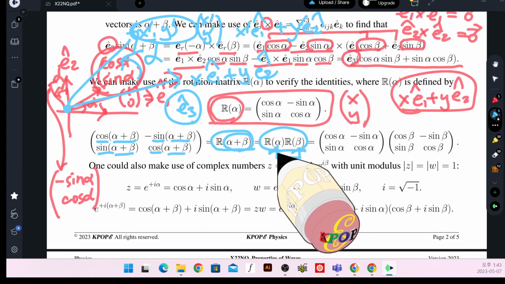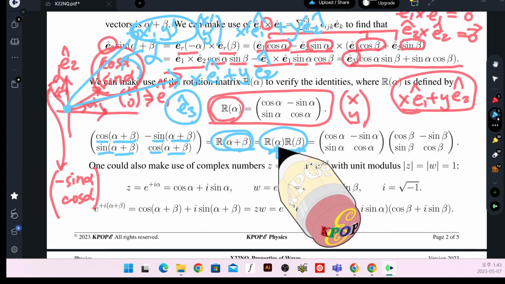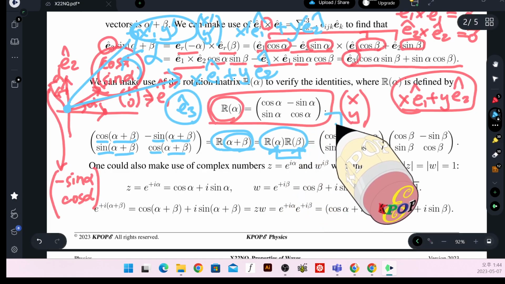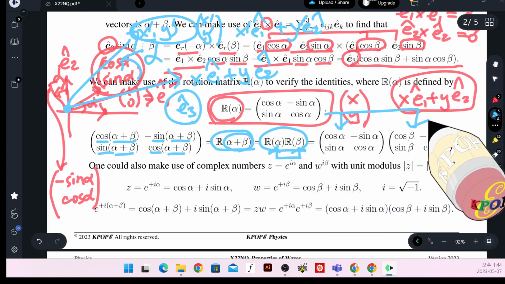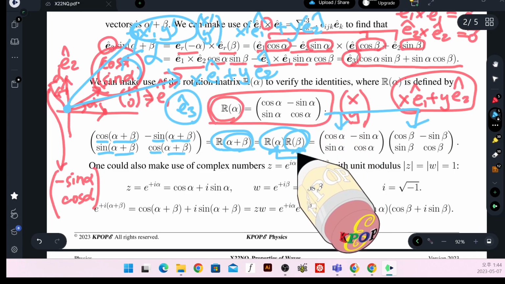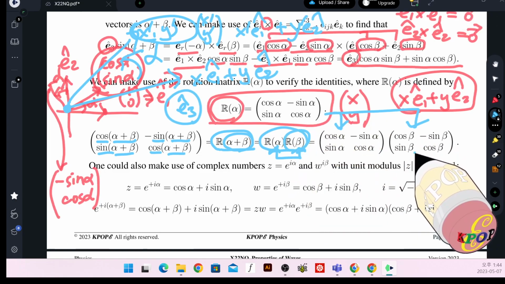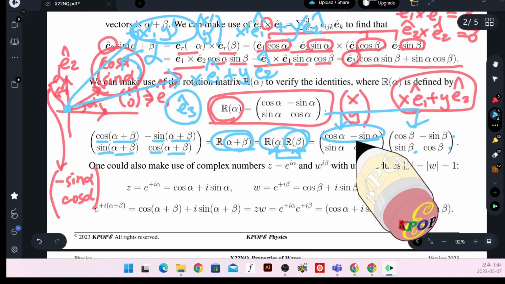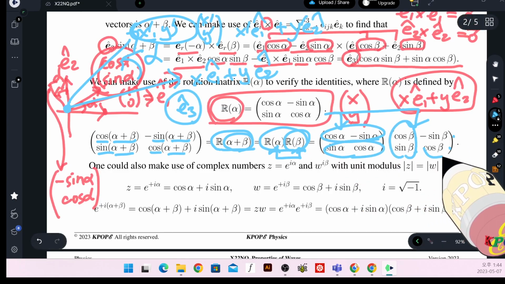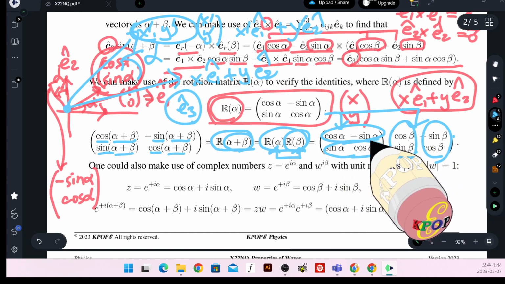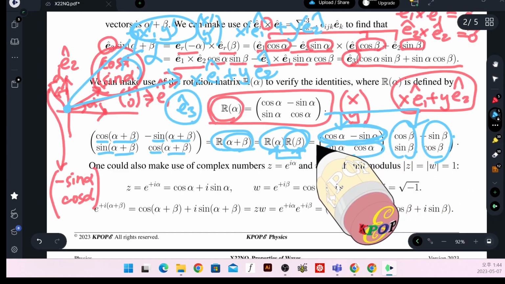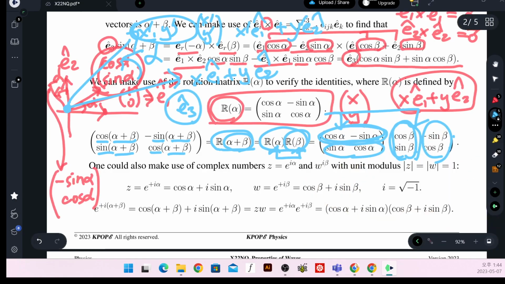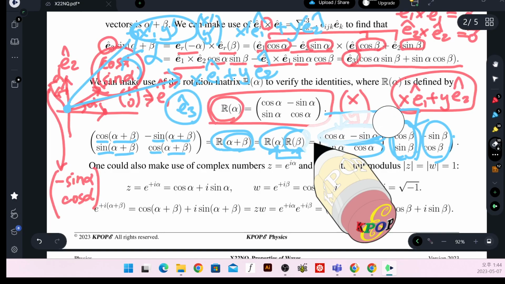What about the explicit multiplication of the two rotation matrices? So we copy them and replace this alpha with beta. Direct multiplication of two matrices can be made by multiplying a row in the front one and a column that is multiplied.